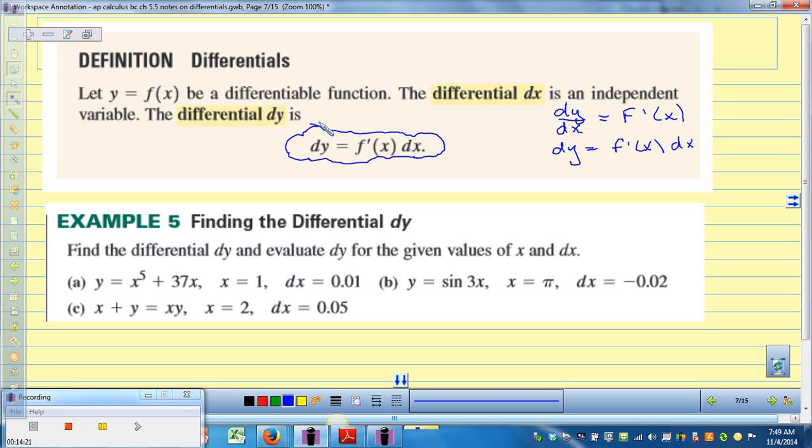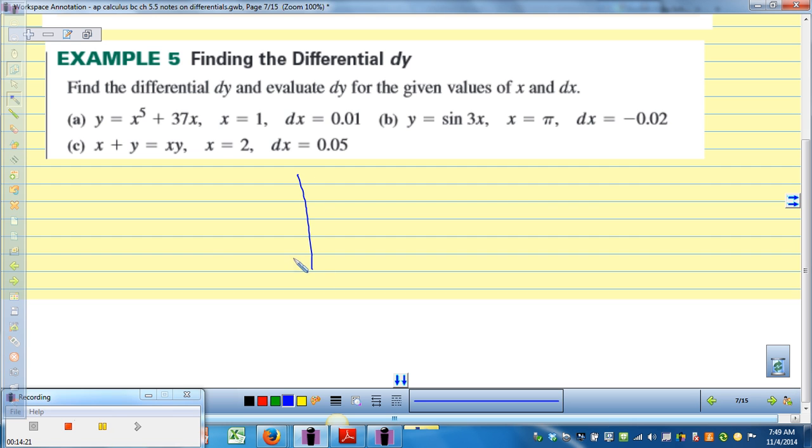And the differential dx is the independent variable. We're always told, or we figure, or we are given a way to find the change in x, and then we calculate the dependent variable dy by plugging in our dx. Okay? So dx is the change in x on the tangent line. So if I draw one last picture for this. All right, we'll just go with that.